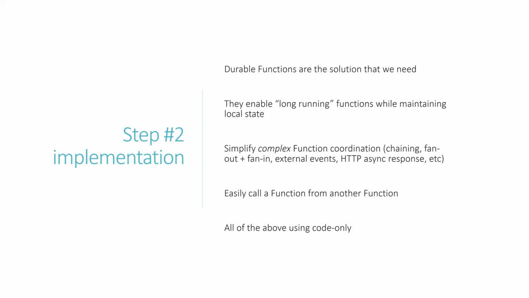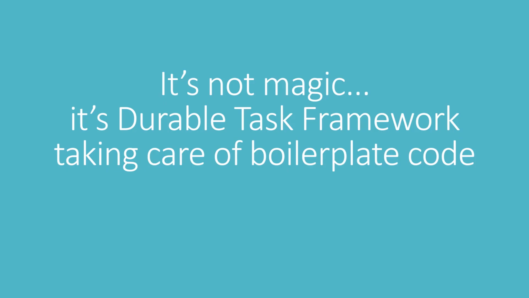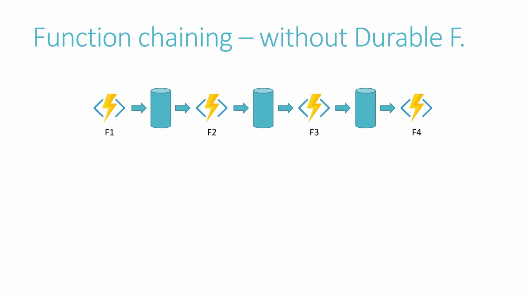So let's go further. It's not magic, it's the Durable Task framework. Here's an example of function chaining without durable functions. What you would do to call function 2 from function 1, function 3 from function 2, function 4 from function 3 is send a message to a queue. Why? You might call function 2 directly from function 1, but you have a problem of 10 minutes expiration, and you will be charged for both of them.